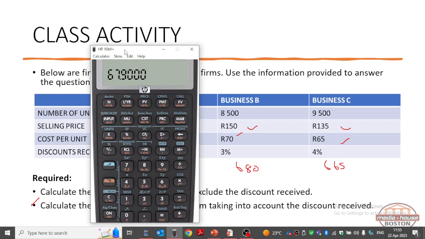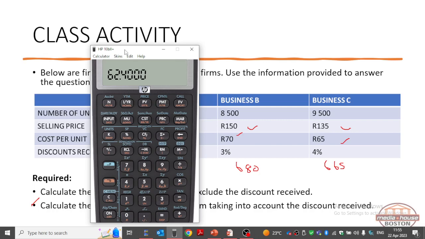So we'll be paying 67 Rand, 90 cent. And when we apply it for business C, we say 65 multiplied by 96%. So under business C, we are actually going to be paying 62 Rand 40 cent per product when we buy them.